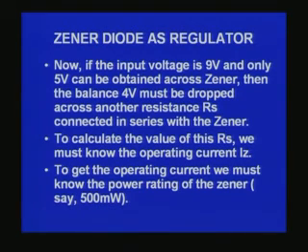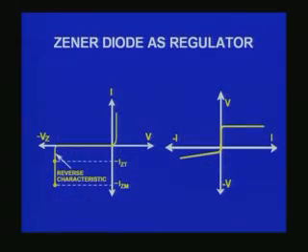We know already from the characteristics that the breakdown region starts at some point which is called the knee point, and that current will be the minimum current that I must have passing through the Zener to be in the breakdown region. So there is an IZ minimum, which you can observe from the characteristics. This ensures that any current above this will keep the Zener diode in the breakdown region.